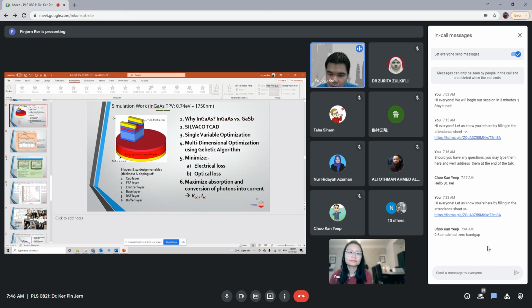So we need to do a multi-dimensional optimization so that every parameter is taken care of at the same time. If you look at one parameter, certainly it's easier. You can just push it to the best, but that best may cause bad consequences on the other parameters. So there are several of them.